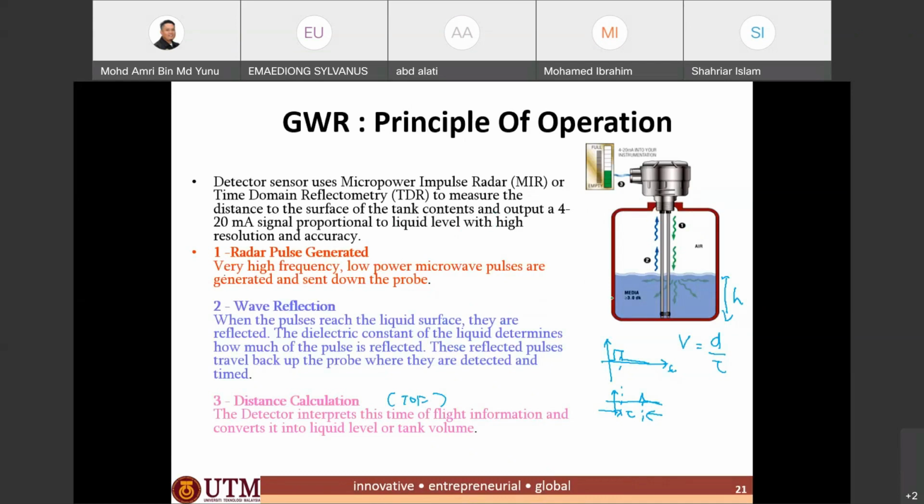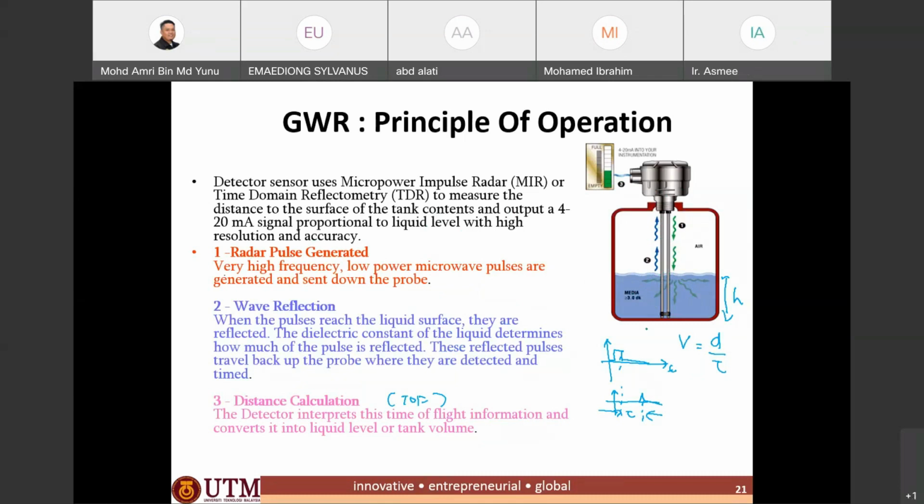So in this case, first it will transmit a radar pulse, very high frequency, into the rod. So you see the rod has one set that transmits the signals or the radar pulse, and once the radar pulse reaches the surface, some of the signal will be scattered and reflected, and that reflection will be measured by another set.